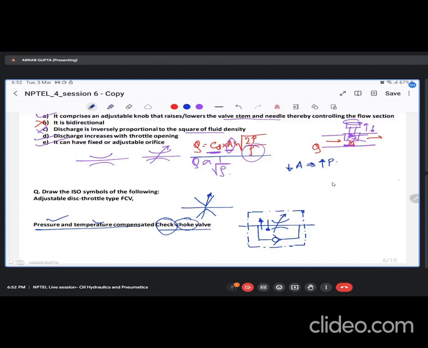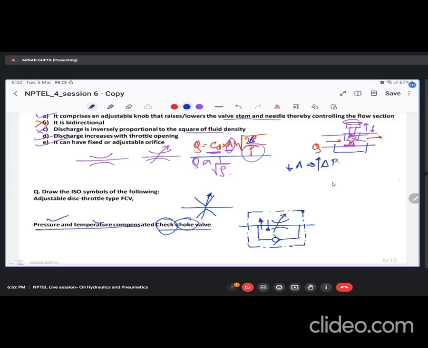This is delta P. So when we are reducing the cross section, the pressure across this particular valve is increasing.